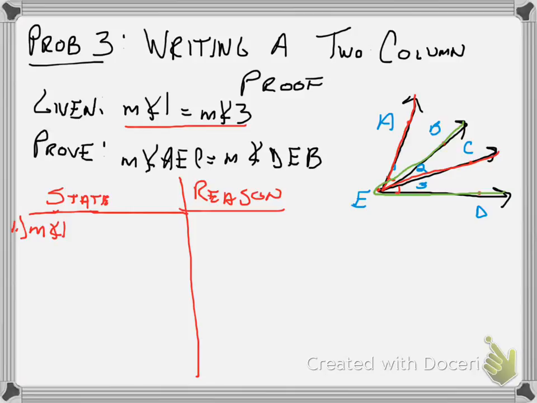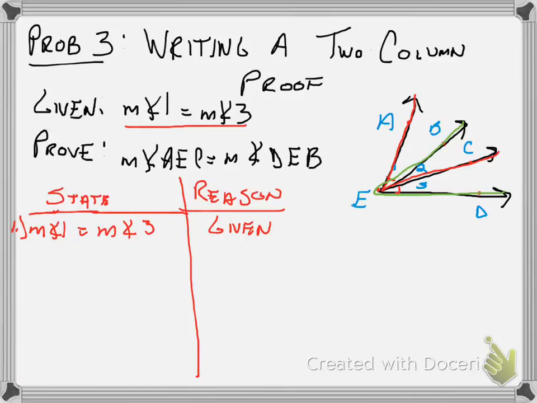Measurement of angle 1 equals measurement of angle 3. And again, I would just list the given out. Reason: given. Okay? There's nothing I can really do there. It's just telling me that they're equal. If it told me something like they're parallel or perpendicular, then I can go with that. If I'm talking about lines, I can use that information. And here it's just telling me they're equal, so that doesn't really help me.